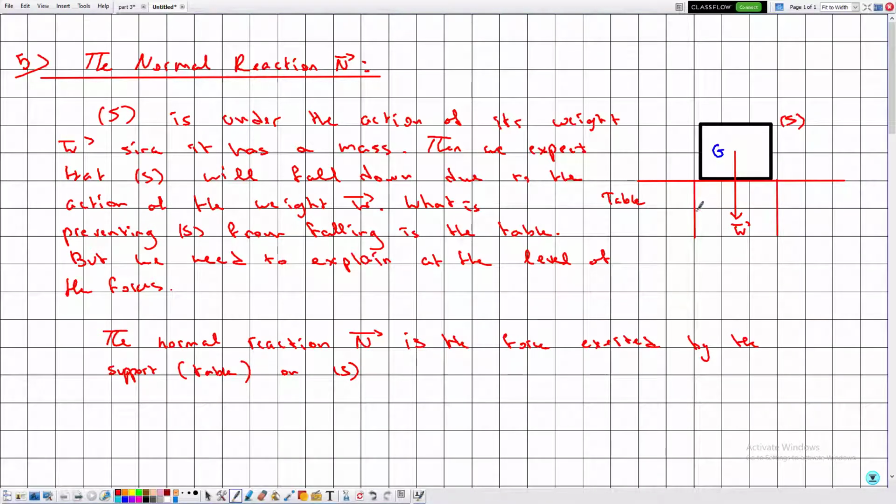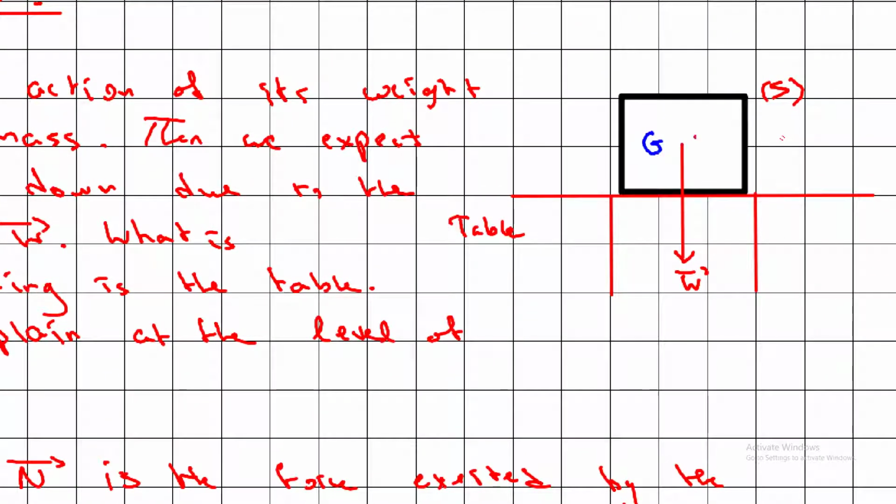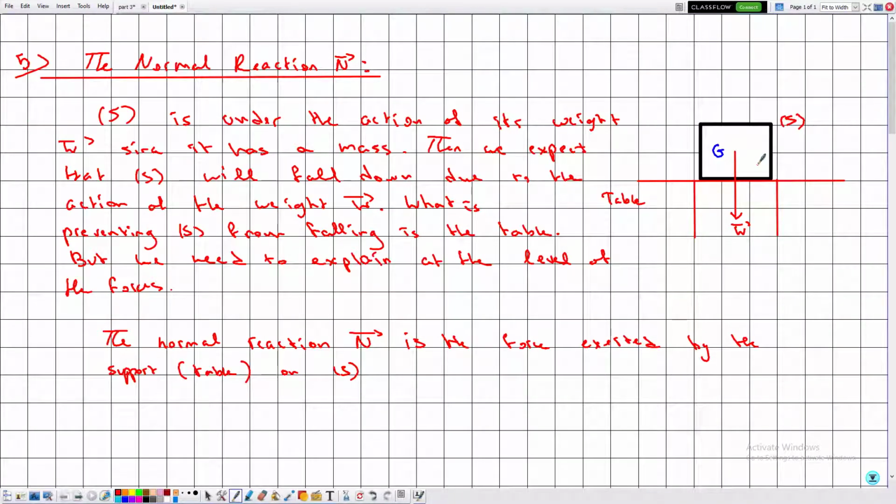The normal reaction is the force responsible for balancing the effect of the weight. So if the weight is acting vertically downward, the normal reaction will be acting vertically upward.